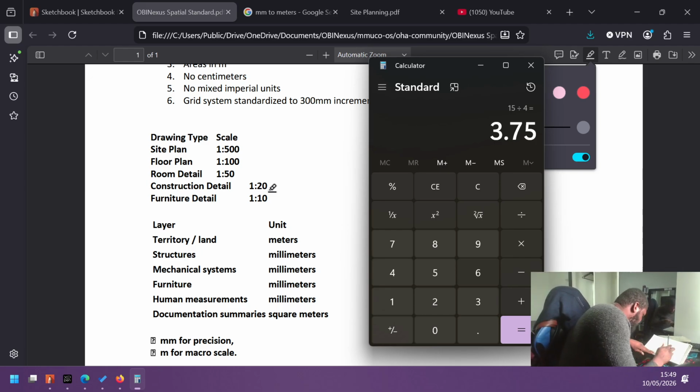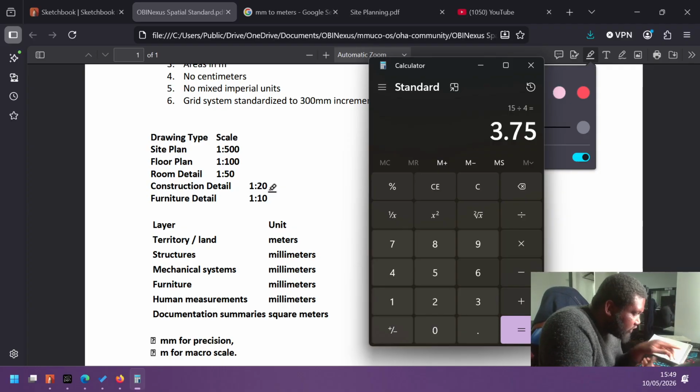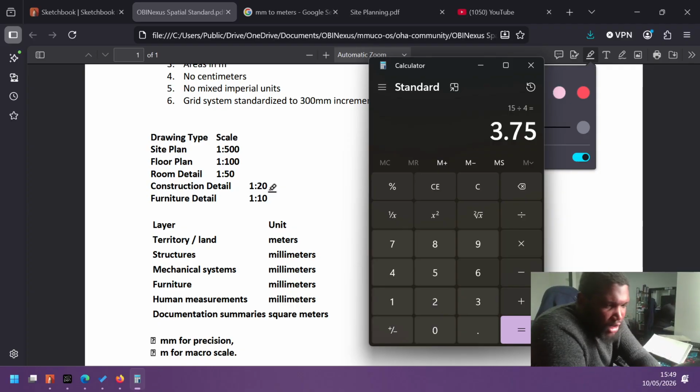So this will be 0 to 5 because I want a bit more space. This 5 will be 20, height 15 divided by, so if this is 100, 100 divided by 5.